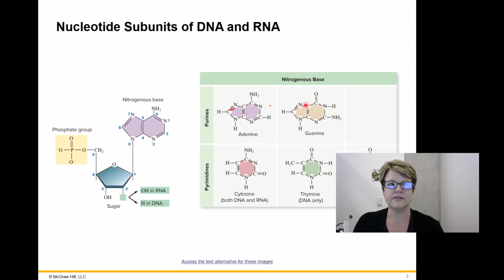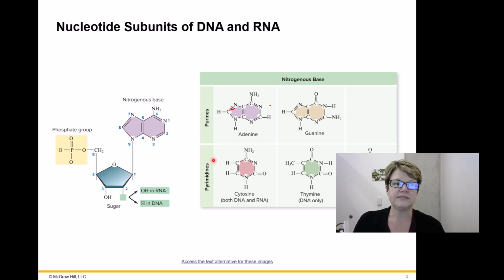Same thing for guanine, a pentagon and a hexagon. What's different about these two, the guanine and the adenine, is what's attached on the outside here. So this one has a C double bond O in guanine, but adenine has a C with an amino group attached. And there's some others like that, some different functional groups attached. And that does make them slightly different chemically. But you don't have to know the detailed structure, just the general fused ring structure of the purines.